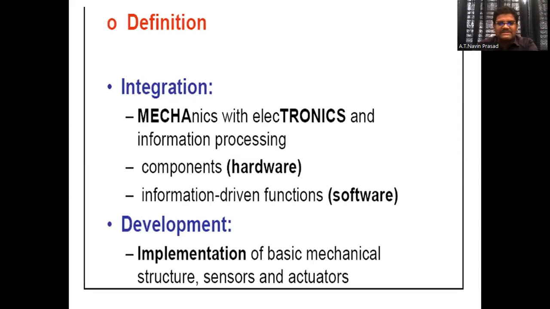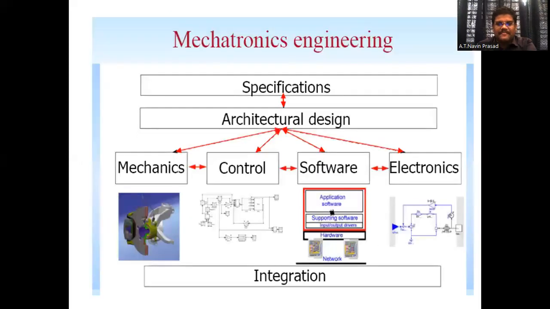From the previous slide, we can justify this definition: mechanics with electronics and information processing is the mechatronic system. We will have software and also hardware. In upcoming slides, we are going to discuss the hardware and the software. The development of a mechatronic system is by the implementation of a basic mechanical structure, sensors, and actuators.